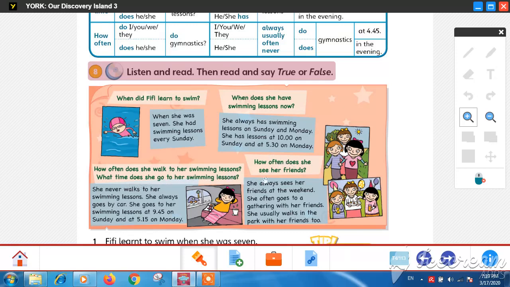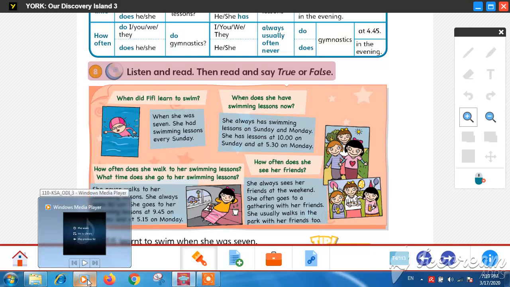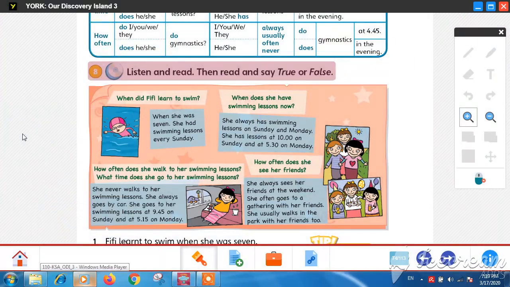How often does she see her friends? So let's now listen carefully. Try to find answers. Try to guess possible answers for the questions. Right? Let's go. Unit 7, Lesson 4, Activity 8, page 75.